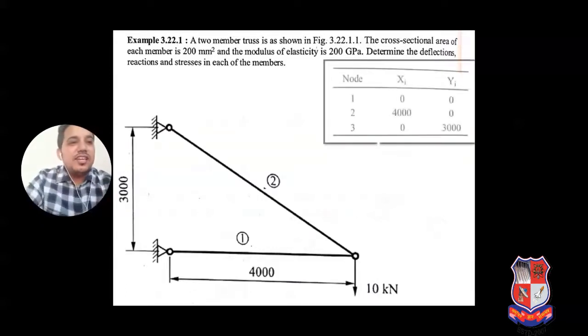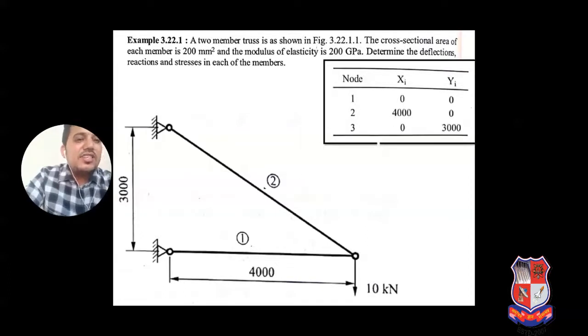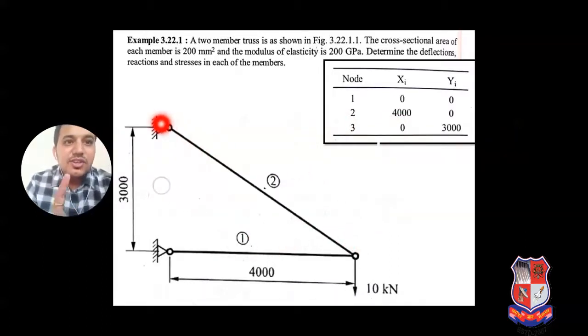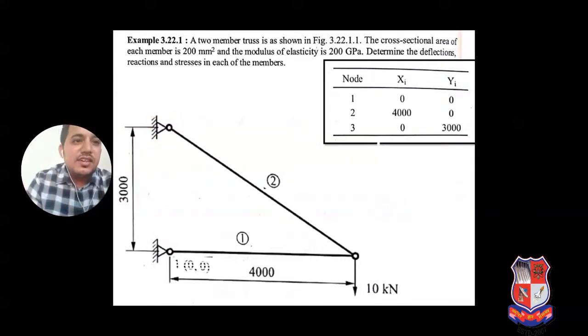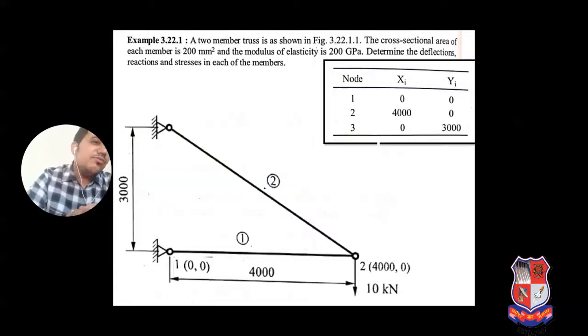After that, our task is to identify the starting node and ending node. We consider node number 1 and node number 2. Node number 1 is 0, 0, my origin point. Node number 2 is 4000, 0, because this distance is 4000.